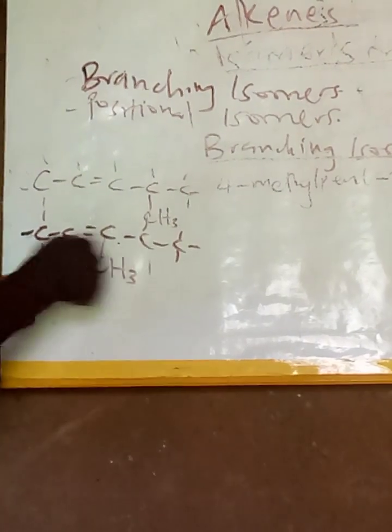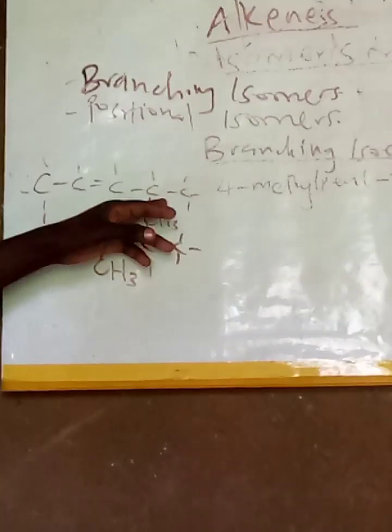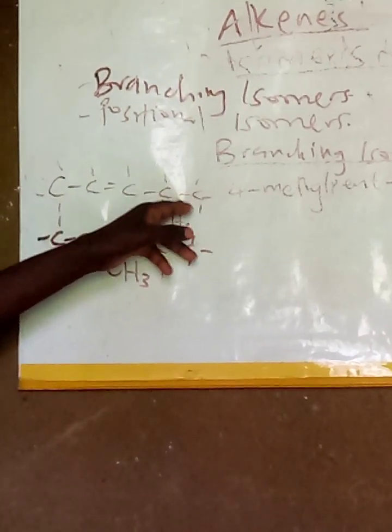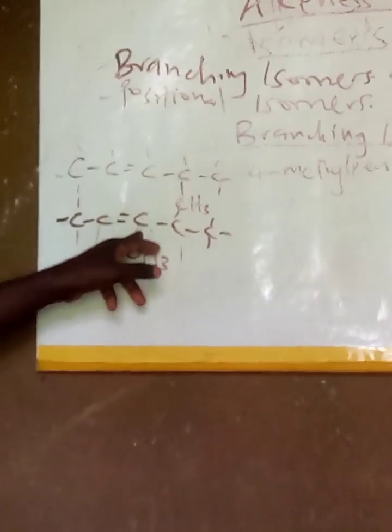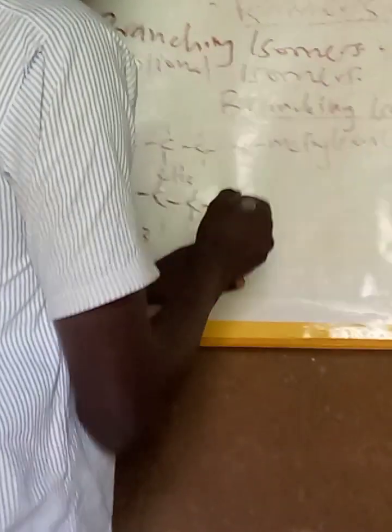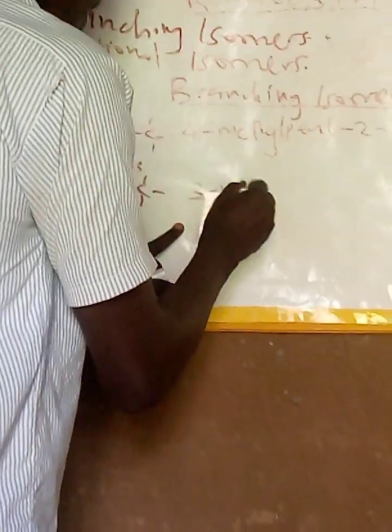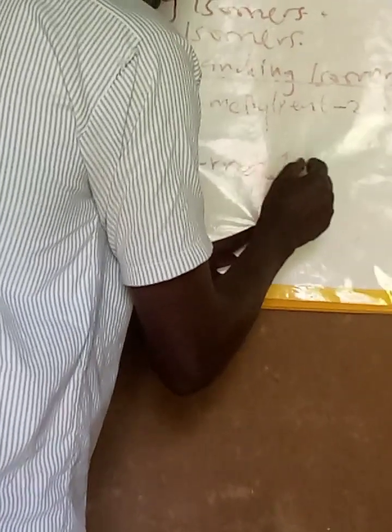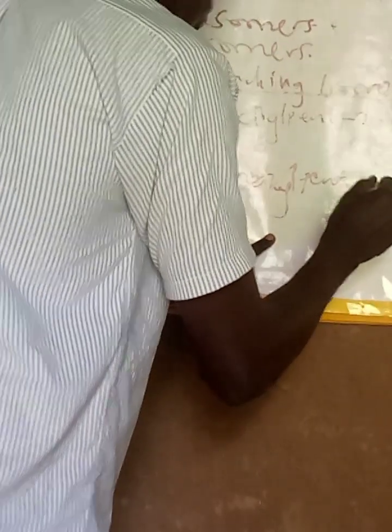But you can see the structure is different. For the first one, the branch is on carbon number 4, but in this one it is on number 3. The name of this one is 3-methylpent-2-ene. You can see the name is different, and the structural formula is also different.